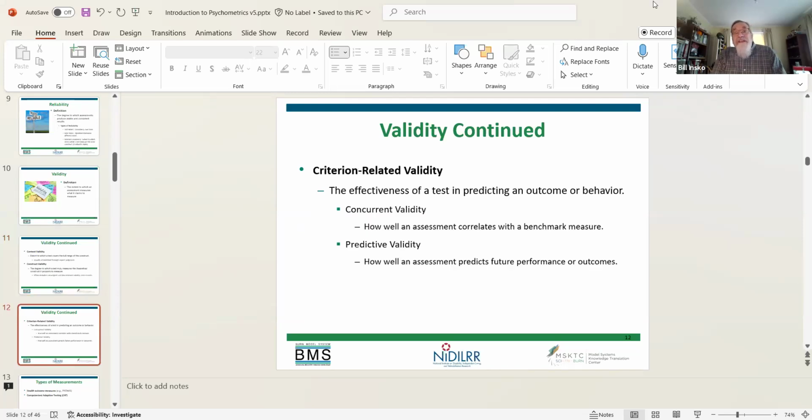There's criterion related validity. What you do with your assessment is that you might have some type of outcome or behavior, or another measure that is related to your original measure, and you would see what the correlation is between those. Or actually, you might have some type of benchmark that is related to the assessment, and you gather that.